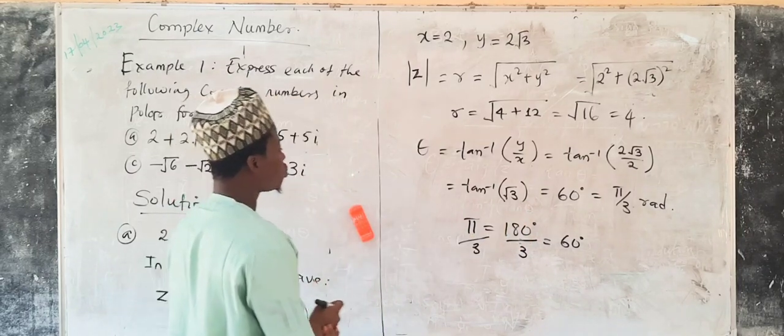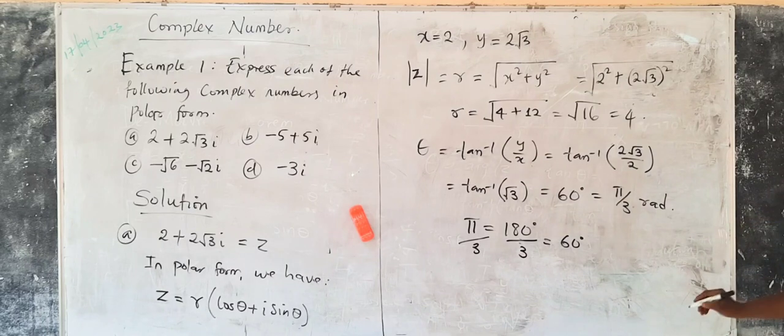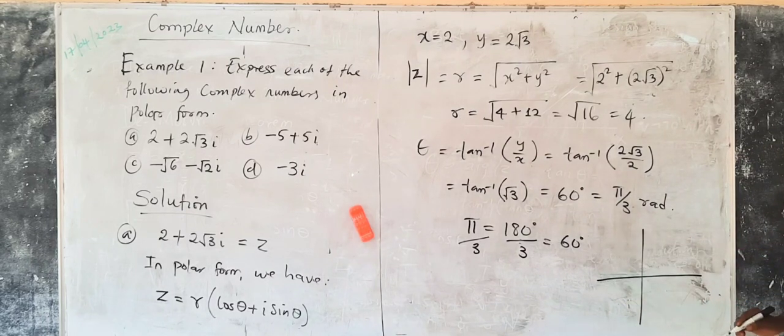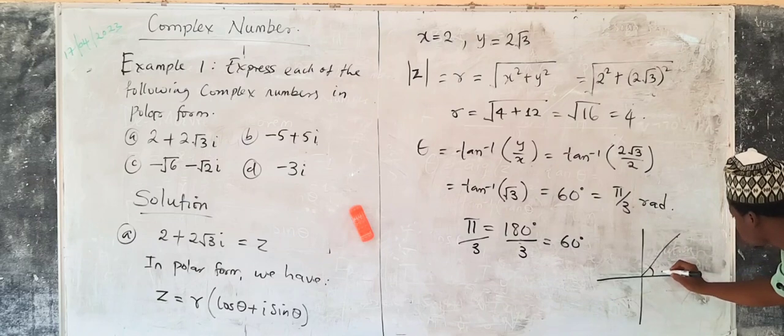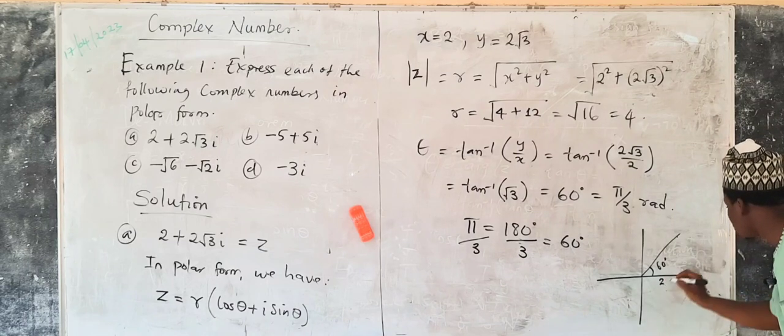So what we need to do now is we can simply sketch this. Now this is our Cartesian plane. Now we have 60 degrees, right? So somewhere here we will have your angle. Here is 60 degrees, right? Good. X is 2, so here is 2.